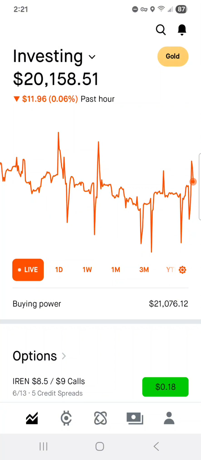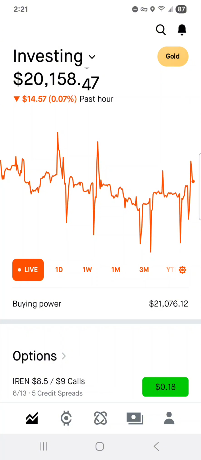If I sell one put option, and it goes through and the stock dips below the strike price, then I will receive 100 shares of that stock.